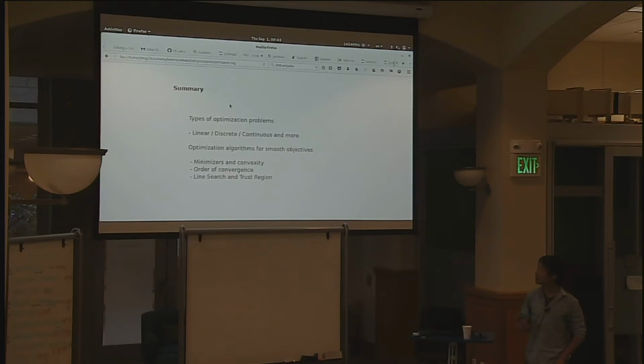We looked at the definition of minimizers and the role of convexity. Convexity guarantees stationary points become minimizers. We also looked at several types of convergence: linear, quasi-Newton, or quadratic. And the difference between line search and trust region. Line search is good for linear and quasi-Newton methods. Trust region is good for second-order methods, quadratic methods.